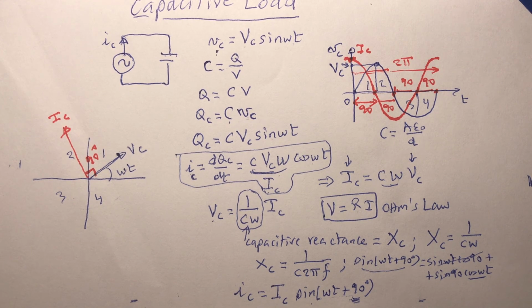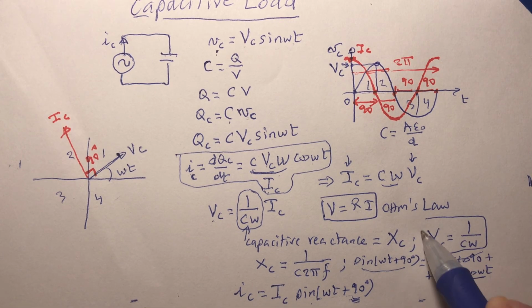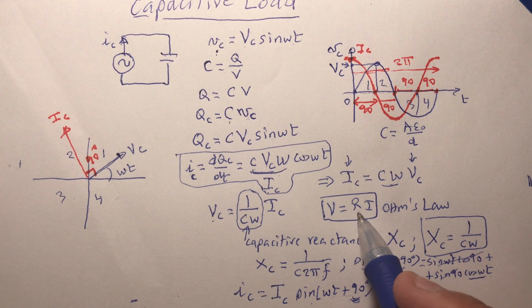Now, one thing I want to mention about this reactance here. Like I said, for Ohm's law, the resistance is constant, unless you increase the temperature or so, then this resistance starts to change.